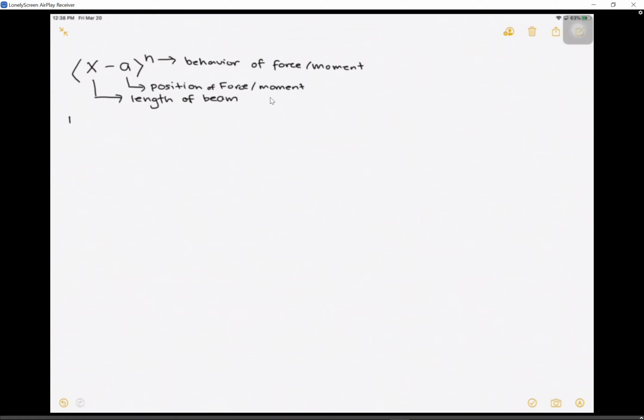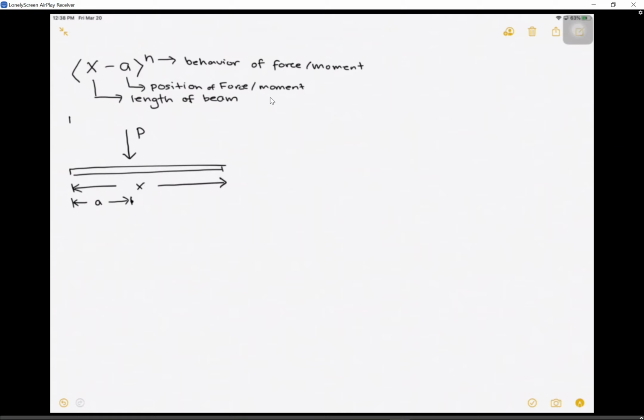Now, how can we describe this if we have a beam? Let's say we have a beam with length x. If we have a force P, we can define the location of force P by the distance a.